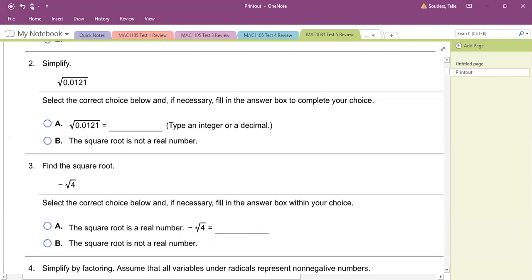Okay. Did you say you had a calculator? Yeah, but I don't really know what to do. Okay. Can you show me your calculator? Do you have a camera that works? I just have my phone calculator. Okay. On your phone, you should be able to type in the 0.0121 and then hit the square root button.